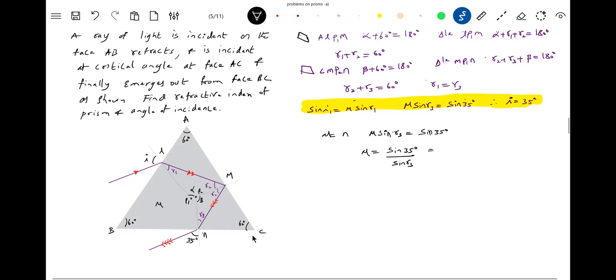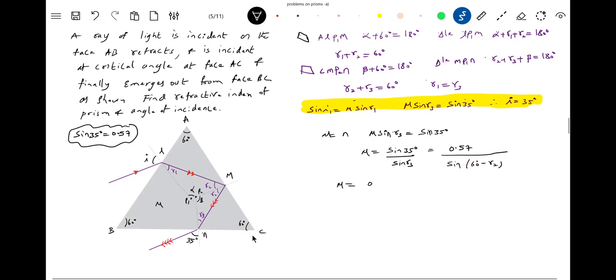Sine 35, let me check with the calculator, is 0.57. So sine 35 degrees is 0.57, over sine R3, sine of 60 minus R2. I'll write it.